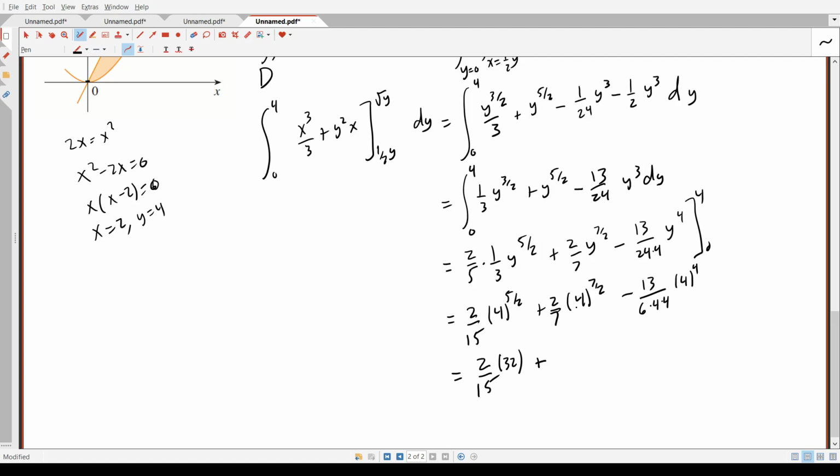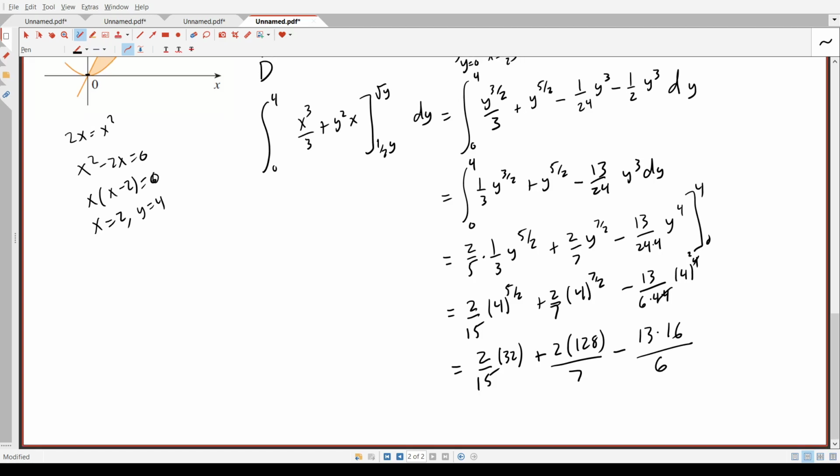Okay, so same thing here. Now I have 2 to the 7, so it's going to be 2 times 128 minus, let's see, so 2 of those can cancel out with those, and I have it squared. So that's going to be 13 times 16 over 6. And I'm just going to plug this into the calculator over in the chat.